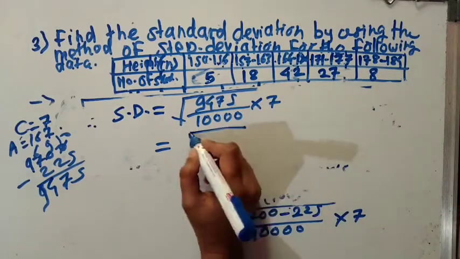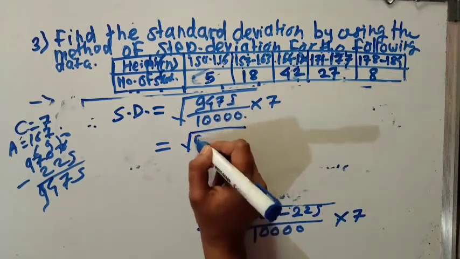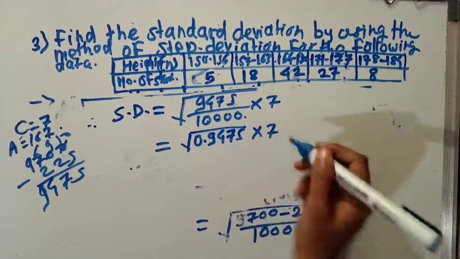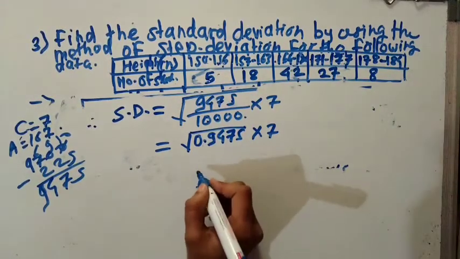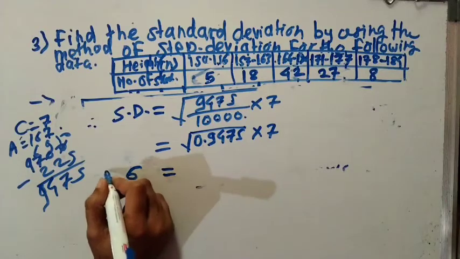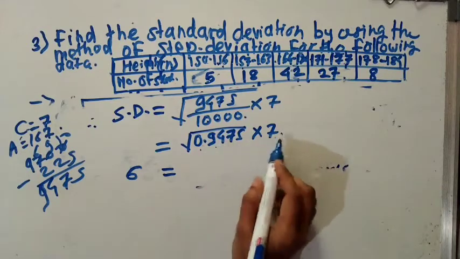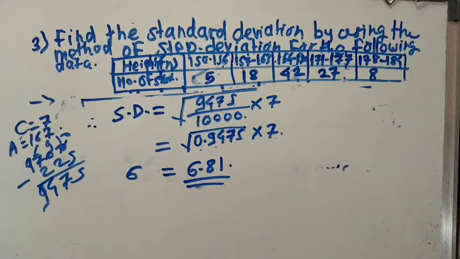So write down root of 1234, so 1234, here the point will come after 4, into 7. So take the square root of this, sigma, and the square root of this into 7 is 6.81, and sigma is equal to 6.81.